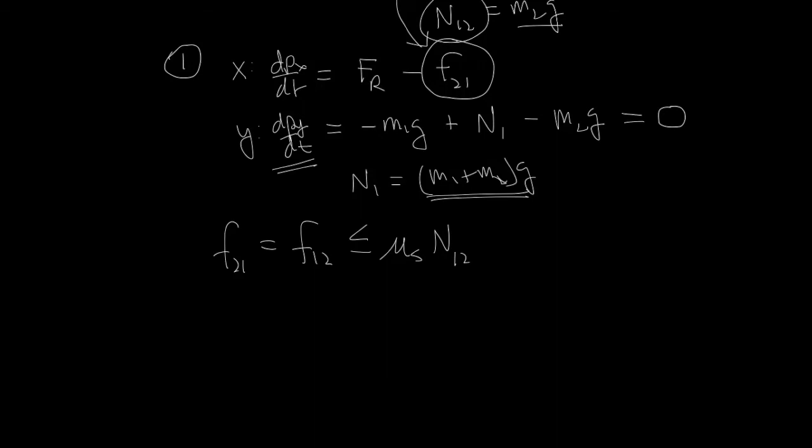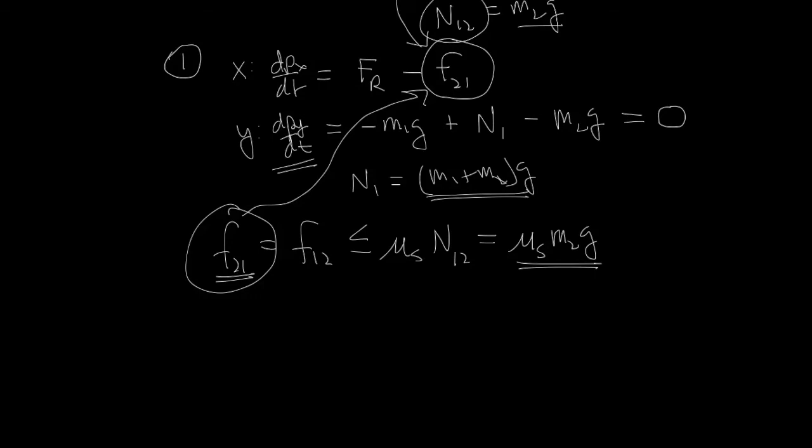That had to be equal to m2g because the top block is in vertical equilibrium. There's nothing happening vertically. So this is mu sub s m2g. There you go. But that's also equal to the magnitude of the force of block 2 on block 1. So in fact, we know this guy. This guy, F21, is simply mu s m2g.